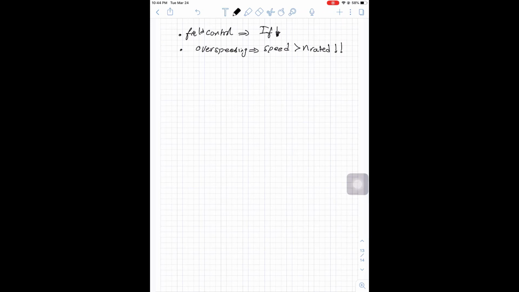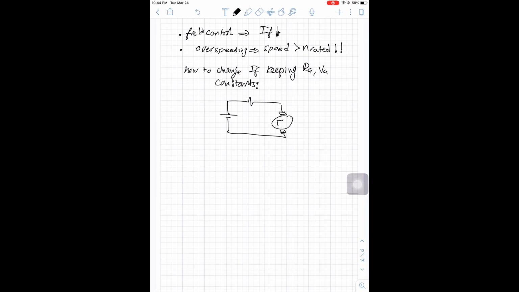But how will we do field control, how to change IF keeping RA and VA constant? It's the same trick that we did for VA change. If we have the battery here, we will connect the battery directly to the armature. Here is EA, here is RA. So V source will be V armature.